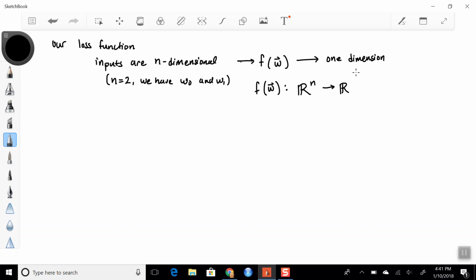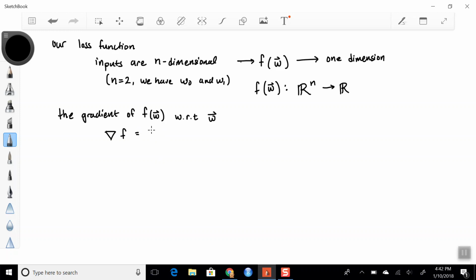The gradient of f with respect to w, we would write as the gradient of f.